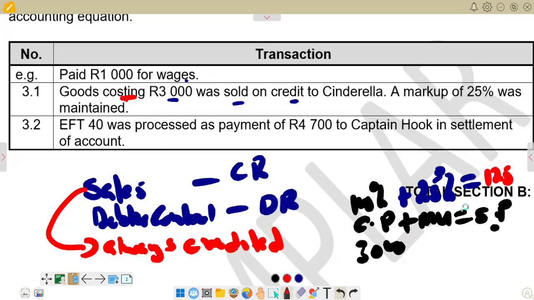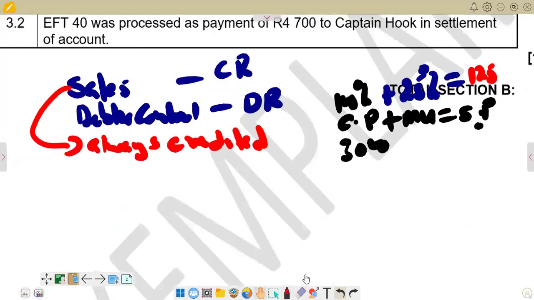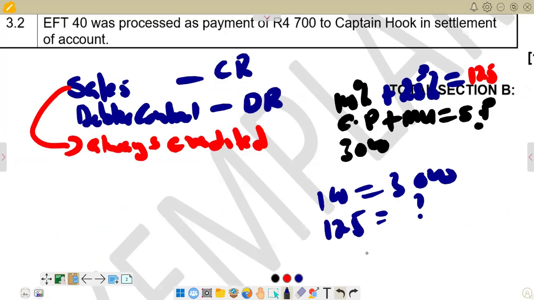So what does it mean? It means we can just use simple proportion by saying our 100% is equal to 3,000. So the figure that we want is 125%. So we just make a simple proportion by saying what we don't have is a numerator.